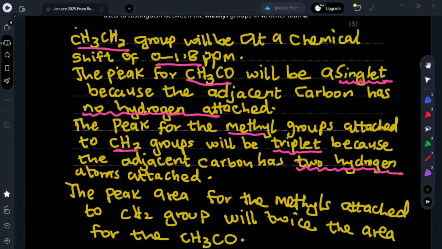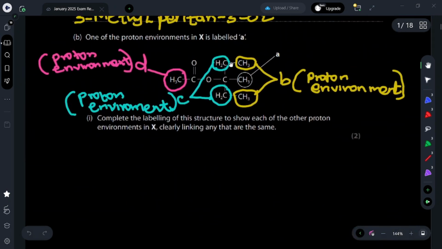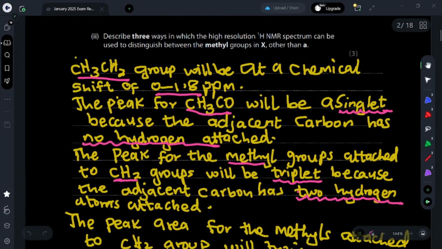And the peak for the methyl groups attached to the CH2 group will be a triplet because the adjacent carbon has 2 hydrogen atoms. What do we mean by this? Let's see. The CH3 is bonded to a carbon having 2 hydrogens. So this CH3 and this one will have a triplet because the adjacent carbon has 2 hydrogen atoms, like we have indicated.